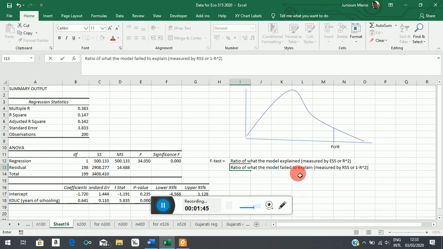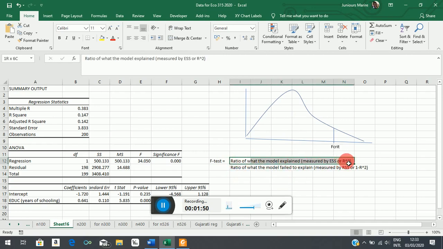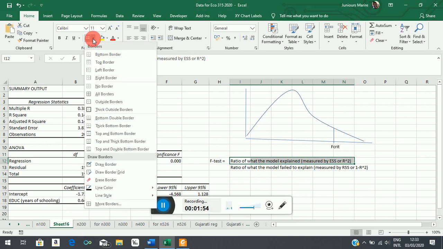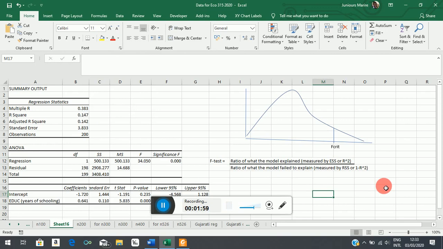Okay, so these are two approaches to saying the same thing. Let me try to find a way of having the division sign. I'll put that. So this is what we are trying to do.